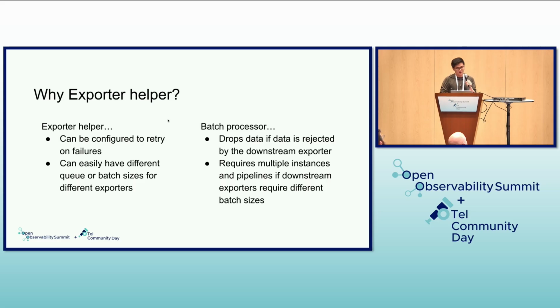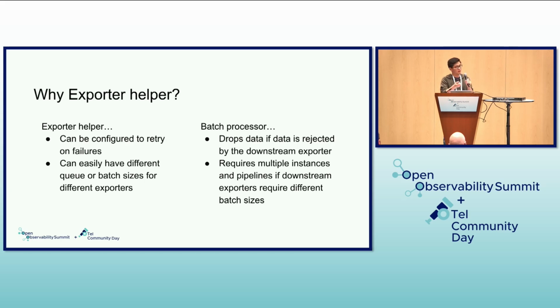In general, exporter helper has more flexibility in the configuration. For example, you can configure the retry settings on failures for exporter helper, but you do not have such an option for the batch processor. The batch processor, on the other hand, always drops data if the data is rejected by the exporters.